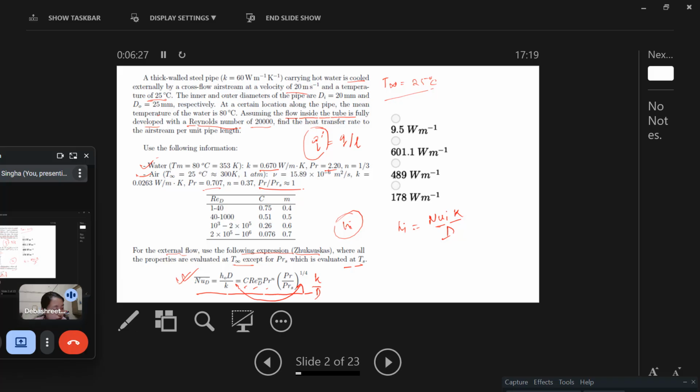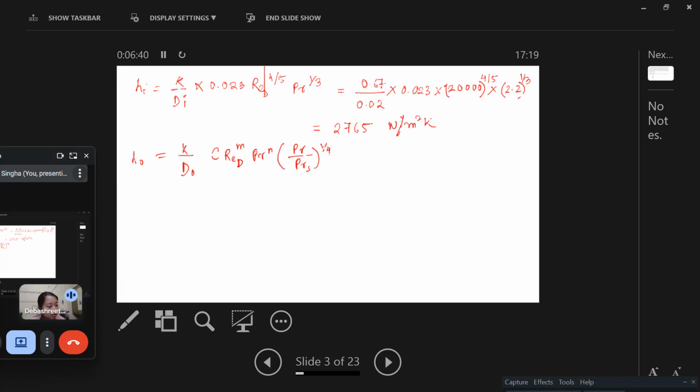Okay, now we have to find out what is C. So for finding out C and m, you need to first find out what is the Reynolds number, Re D. So for finding out Reynolds number, V Do by nu.